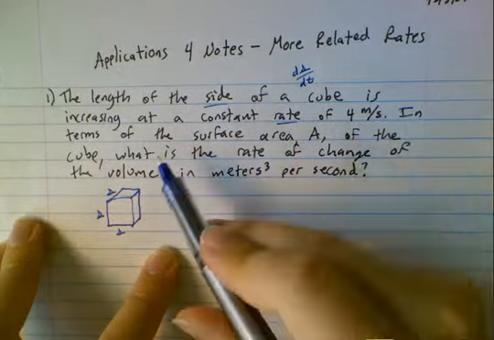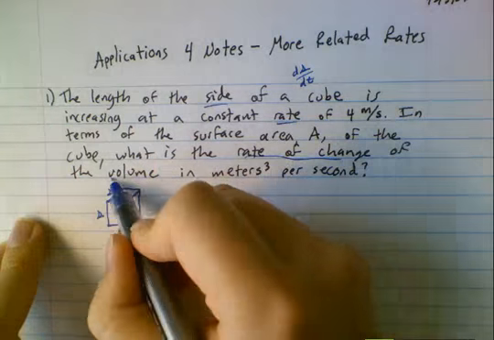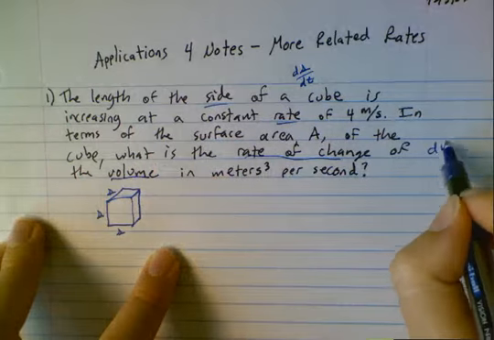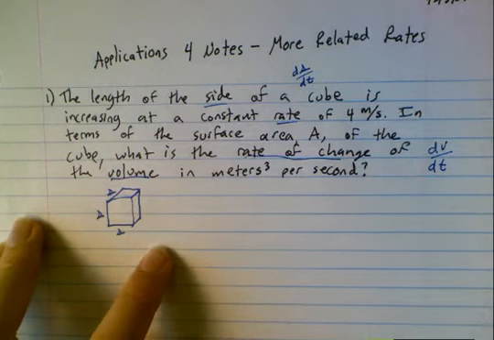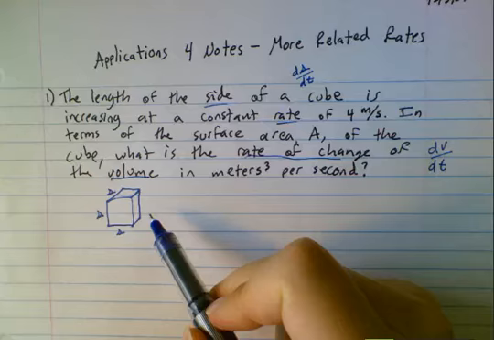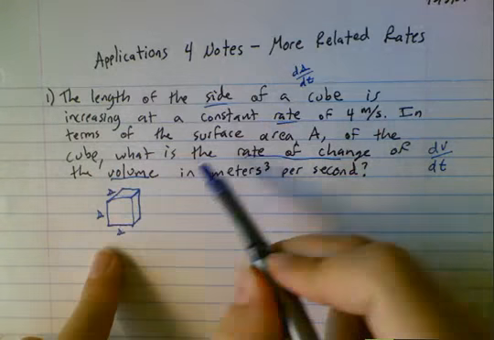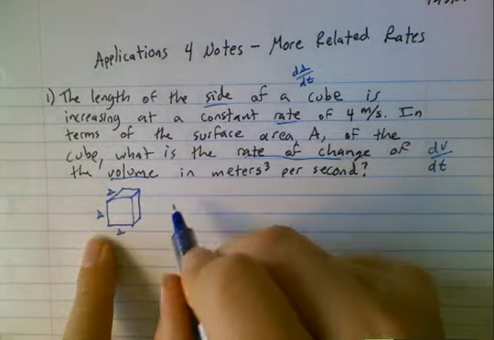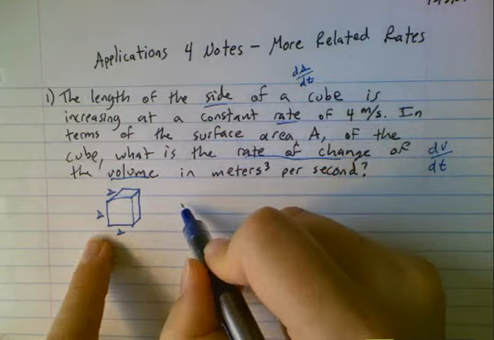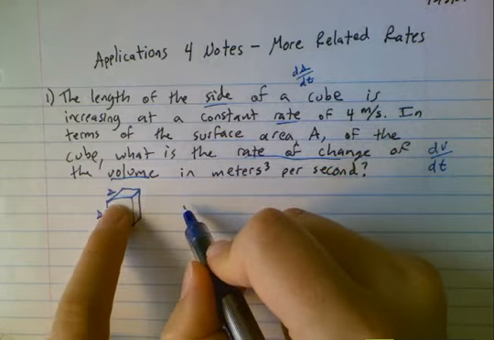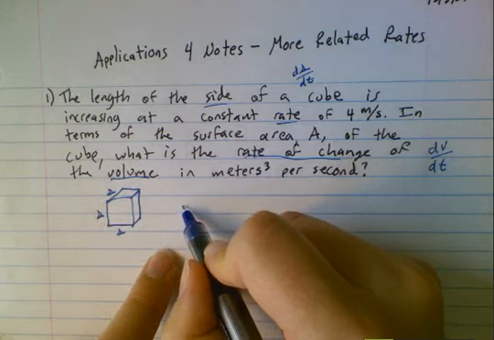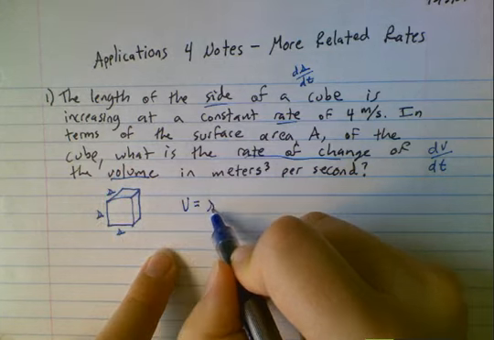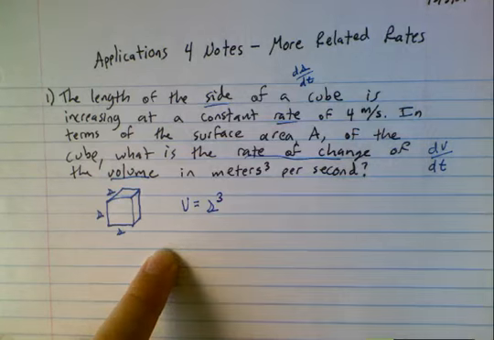What is the rate of change of the volume? So that's dV/dt, okay? So we want some equation relating volume to side length. So this is just a cube, so length times width times height, those are all s. So that means that volume equals side cubed.